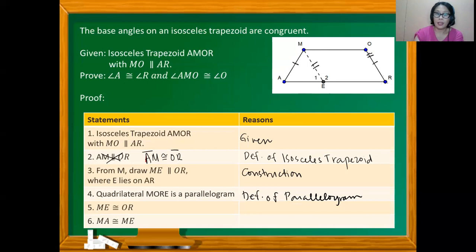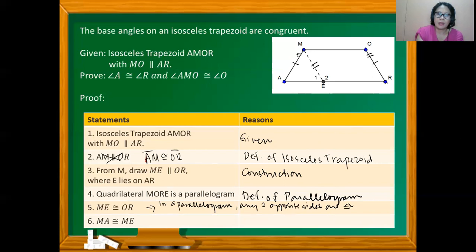And this is because in a parallelogram, any two opposite sides are congruent. And ME is the opposite side of OR. Now, number 6, MA is congruent to ME.